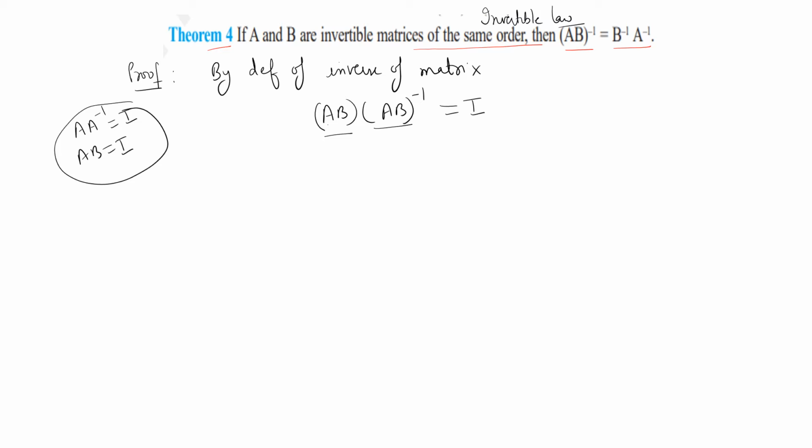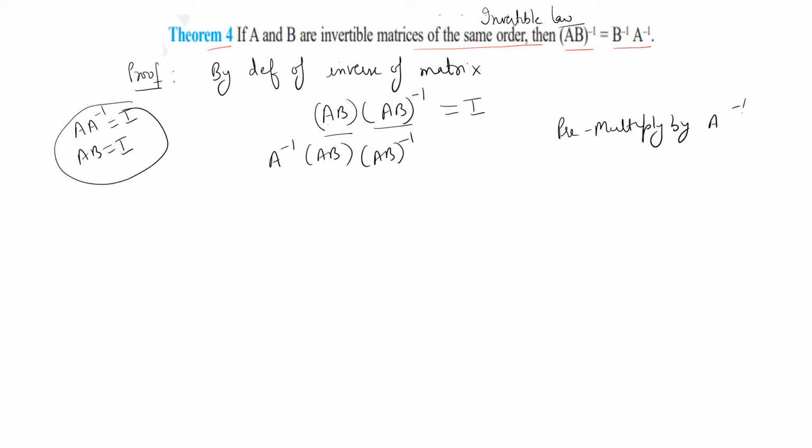Now I need to introduce this A inverse. So what will I do? I will pre-multiply by A inverse. Pre-multiply means in front I will write A inverse, then AB, then AB whole inverse. On this side I should have only AB inverse, and on the other side I'll be getting B inverse, A inverse.